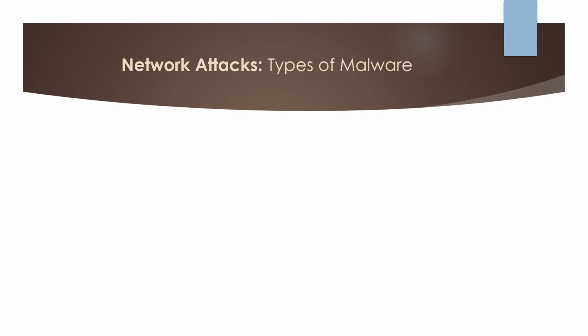And let's see each of those malware in more detail. As for viruses, it is a type of malware that propagates by inserting a copy of itself into and becoming part of another program. It spreads from one computer to another, leaving infections as it travels.